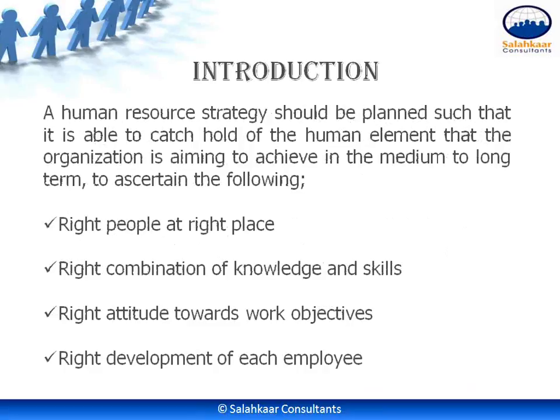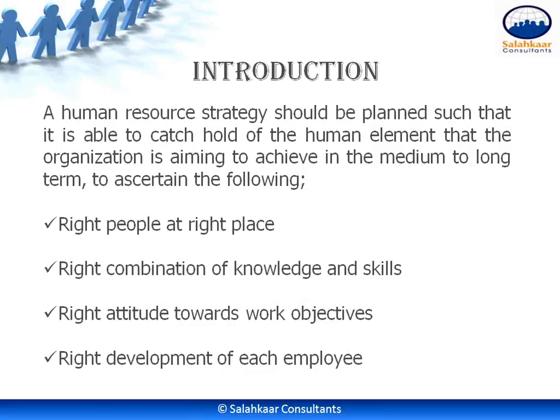So a human resource strategy should be planned such that it is able to catch hold of the human element that the organization is aiming to achieve in the medium to long term to ascertain the following. So the human element here will be talking about 4 points. The first one is right people at right place. That is getting the right people.